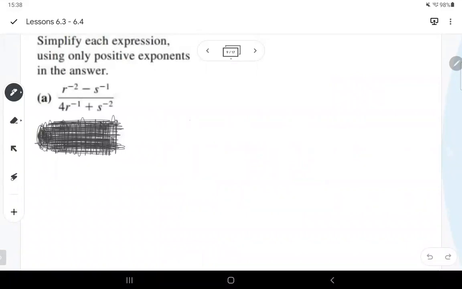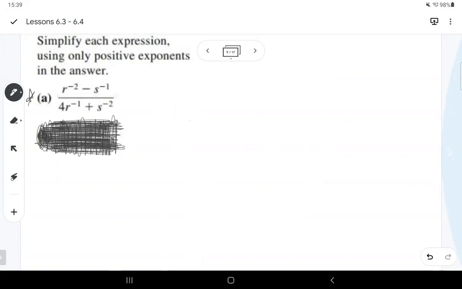All right, so we're going to focus on A for the first slide, and we'll move to B for the second slide. Before we can solve the problem, we have to move the variables to their proper locations.